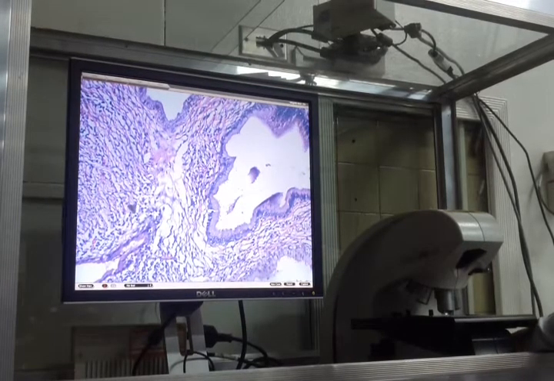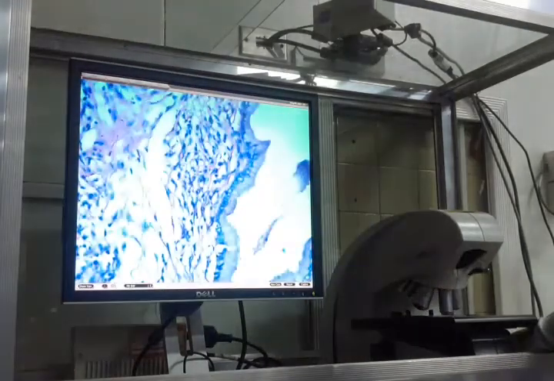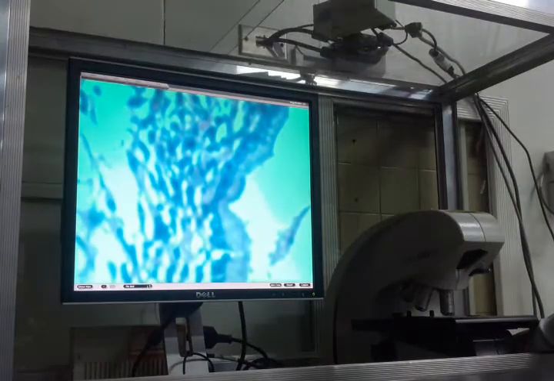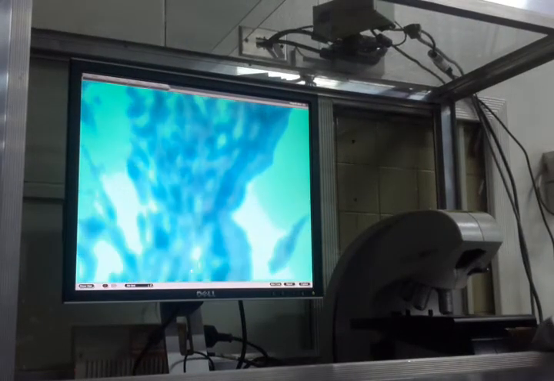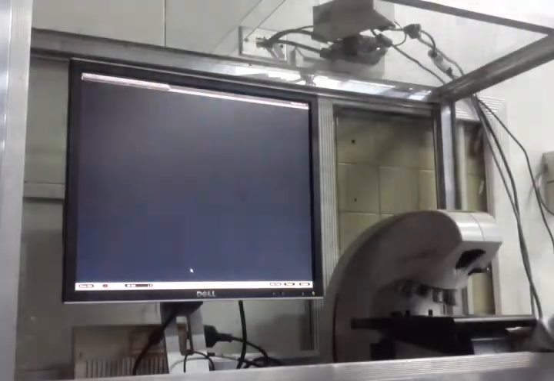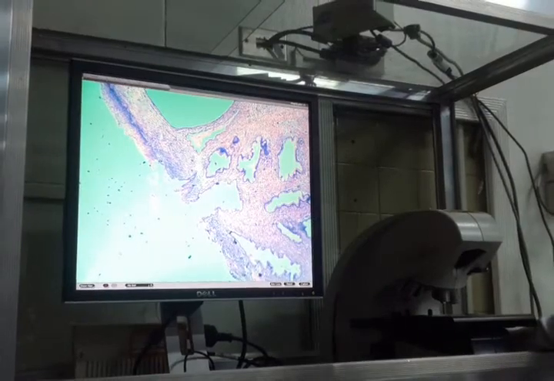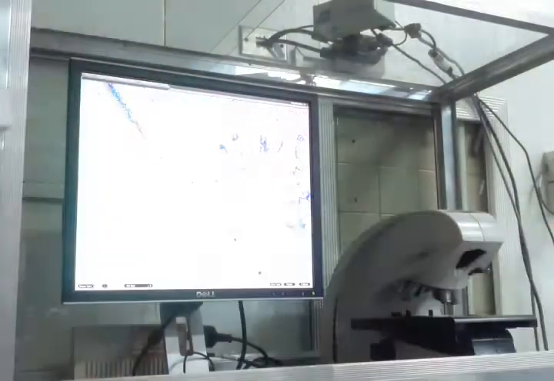So you only see the crypts or endocervical glands in the endocervix. There is no such thing as ectocervical gland.